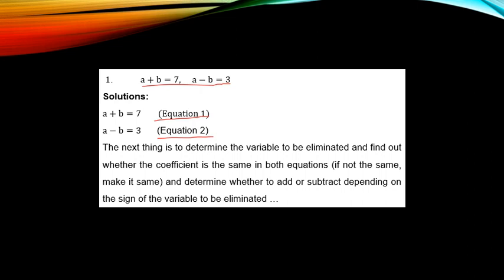The next thing is to determine the variable to be eliminated, and this is entirely up to you, and find out whether the coefficient is the same in both equations. If not the same, you make it the same, and determine whether to add or subtract depending on the sign of the variable to be eliminated. So this is a summary of the rules stated earlier. Okay, let's proceed.